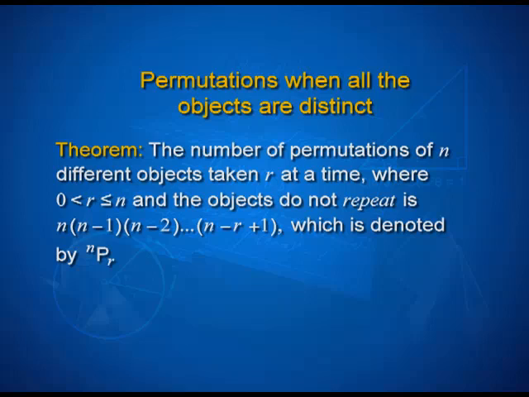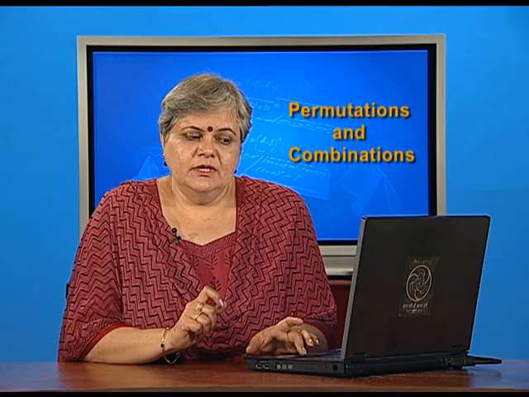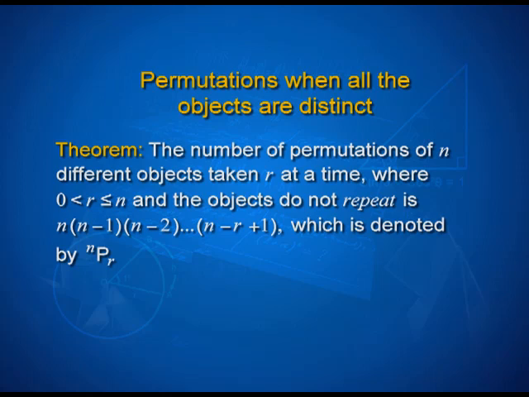We denote this number of ways as nPr. It is read as nPr, written exactly the way you see it. Some of the authors also prefer to write it as P(n, r). We will be using this notation for permutations of n objects taken r at a time.